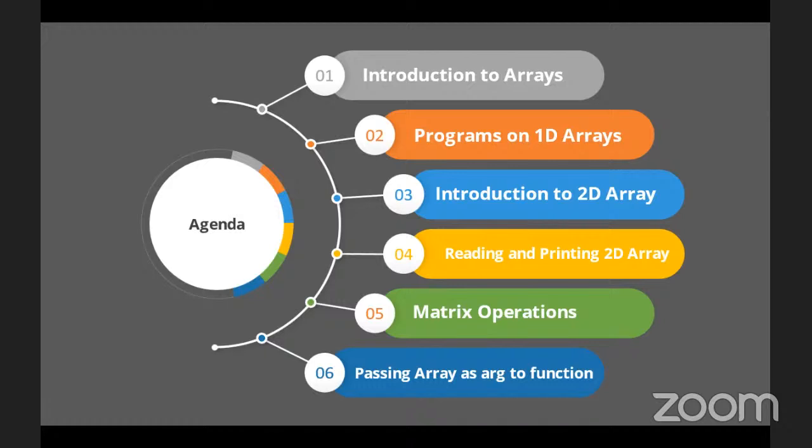That is not possible with arrays. So we are going to introduce a new topic called structures, which makes non-homogeneous data possible. That is today's agenda. Am I clear with the agenda? Now, let us start with the continuation of yesterday's class.